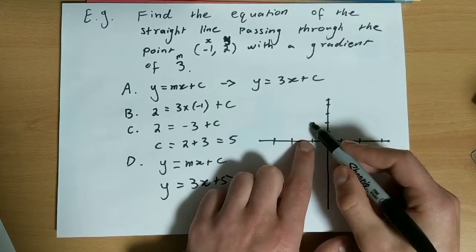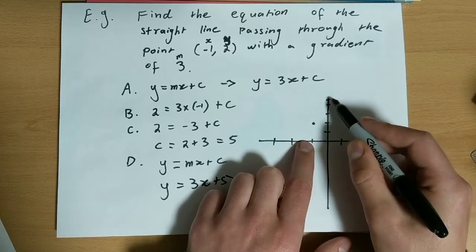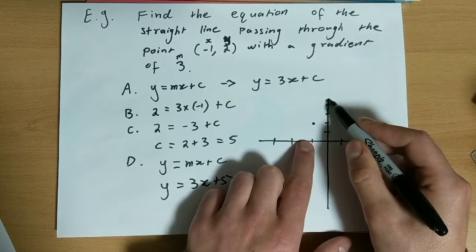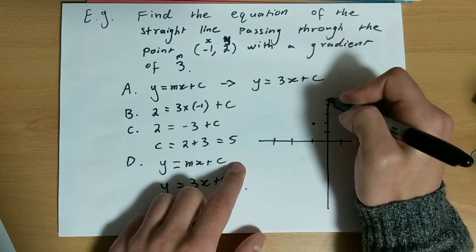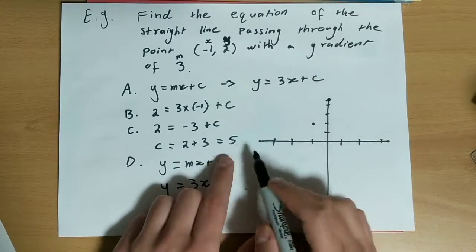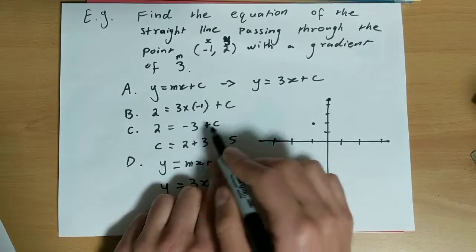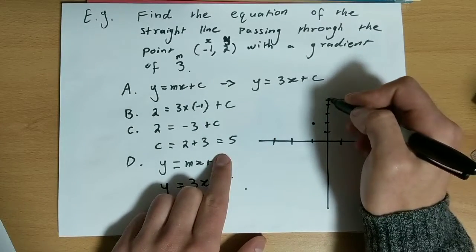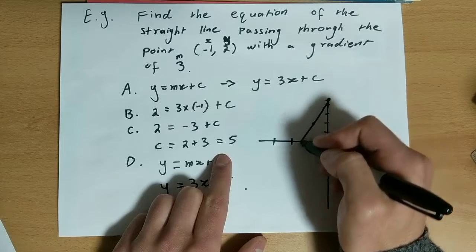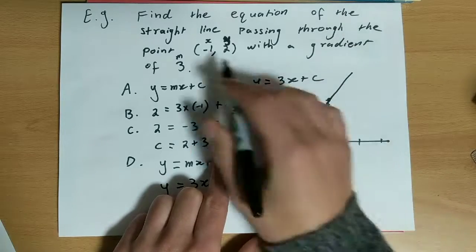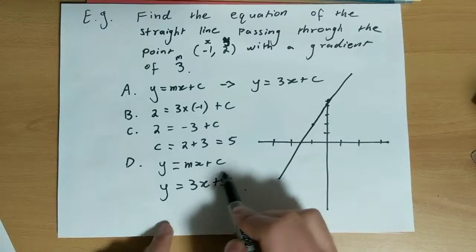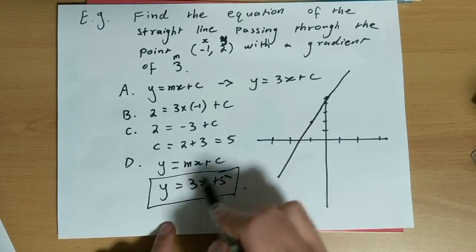That means for every 1 that I move across, I have to move up 3. So I found that if I move across 1 and up 3, I find that I have a y-intercept of 5, which matches up with what we found by doing this little bit of algebra here. So if I join it up, I'm going to get this straight line, and that is the line that matches this equation here.